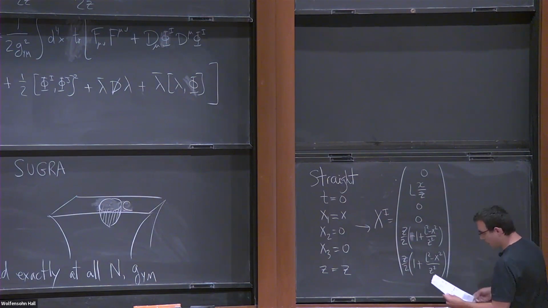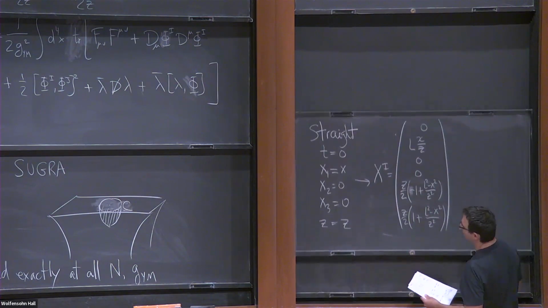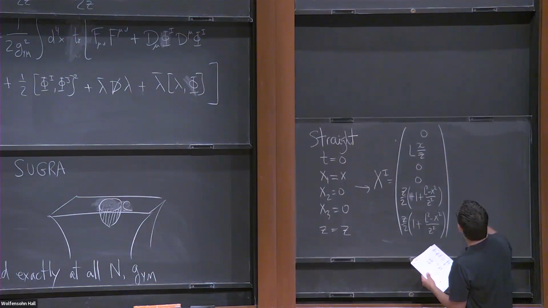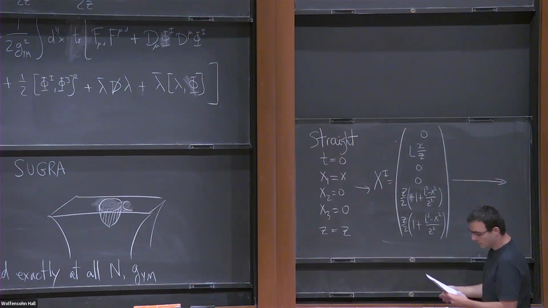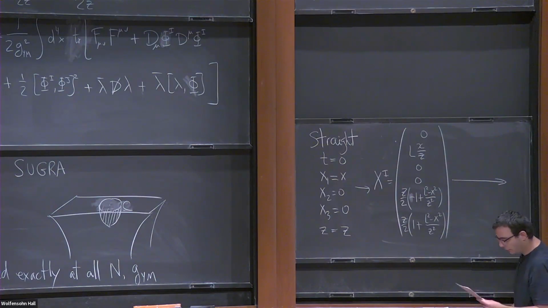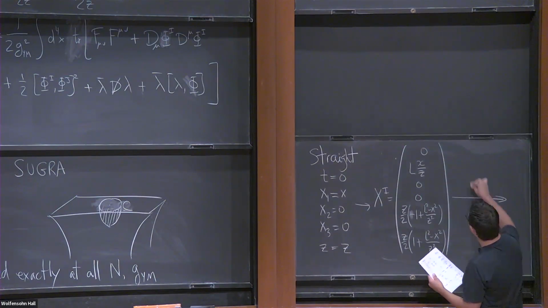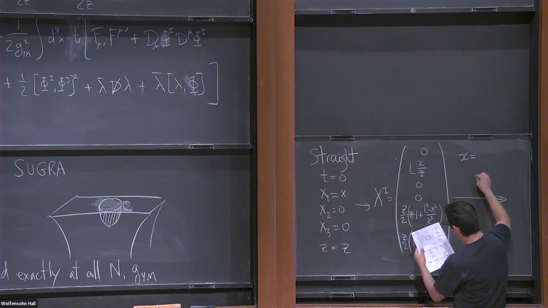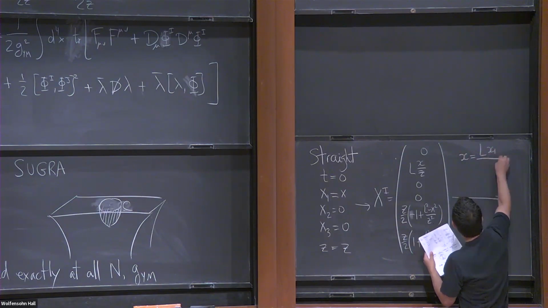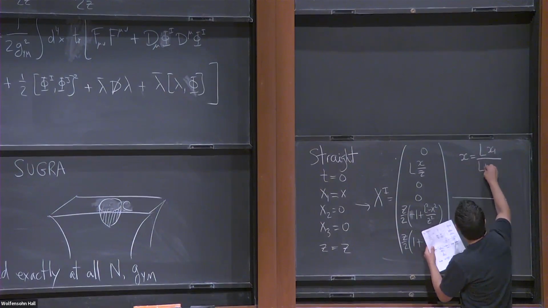And then, as I said, it's just a coordinate transformation. The coordinate transformation is: little x is Lx1 divided by L plus x2.